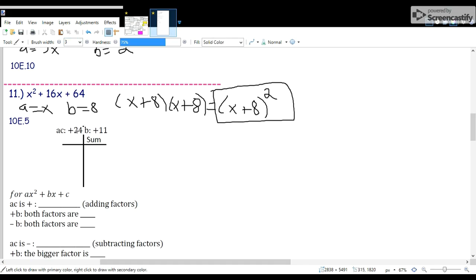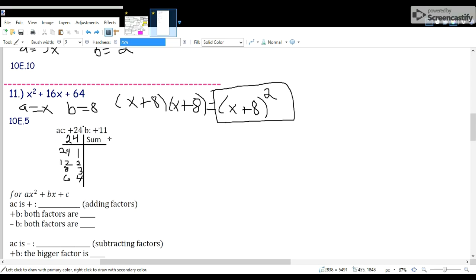So, for example, we're going to do a times c was 24. So we're going to list all the factor pairs of 24. So we have 1 and 24, 2 and 12, 3 and 8, 4 and 6, 5 doesn't work, and we already have 6, so that's it. Now we can also do negatives right here.